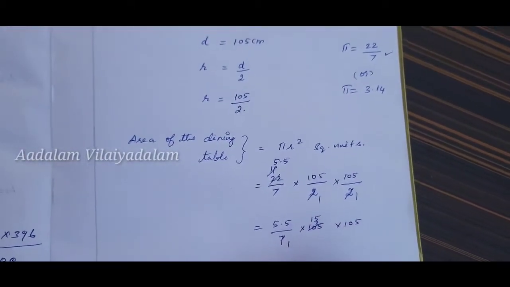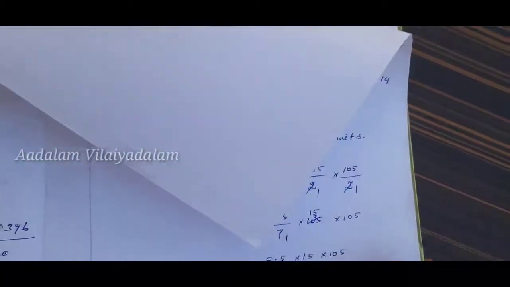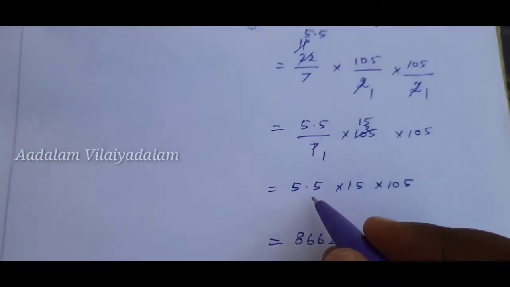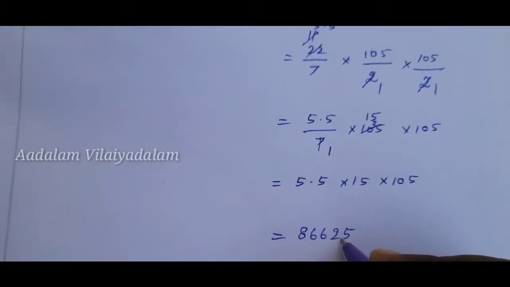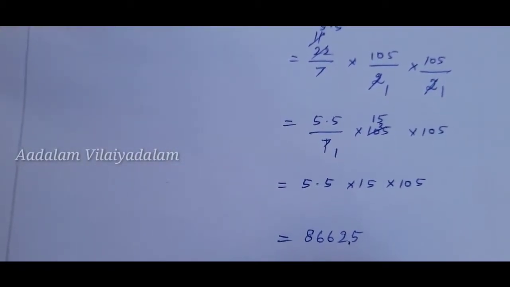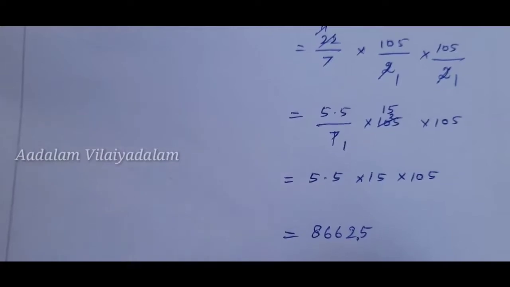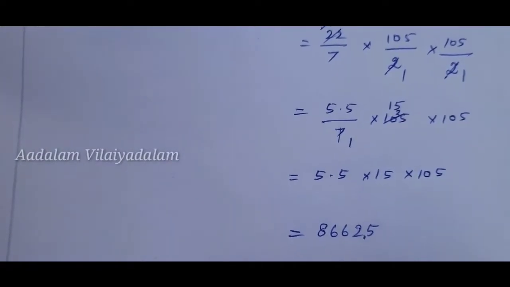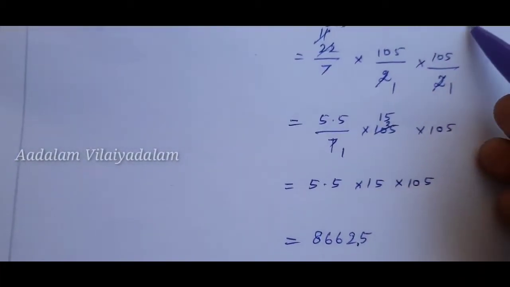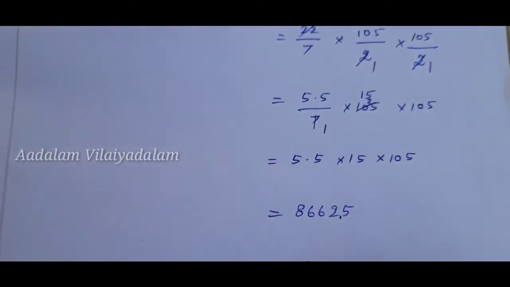So we will get 15. So the values are 5.5 into 15 into 105, which will be 86,625. Therefore there is one decimal point, so we keep the decimal point one place to the left. The area of the dining table will be 8662.5. Here the value will be in square units, isn't it? So we can write square centimeter.